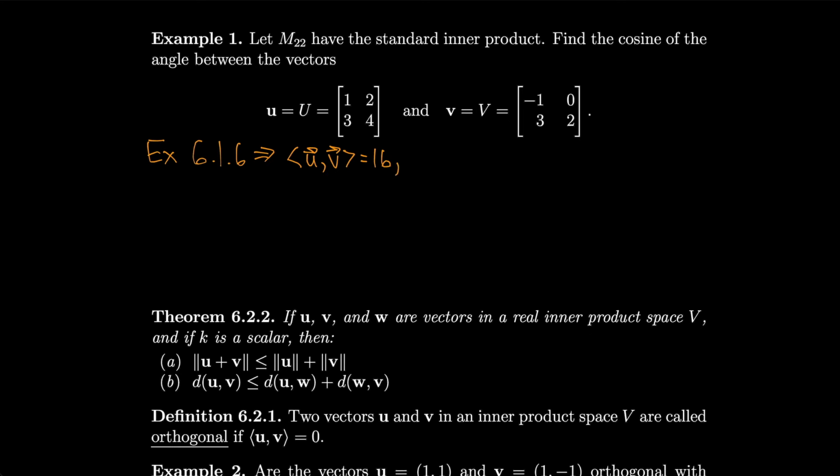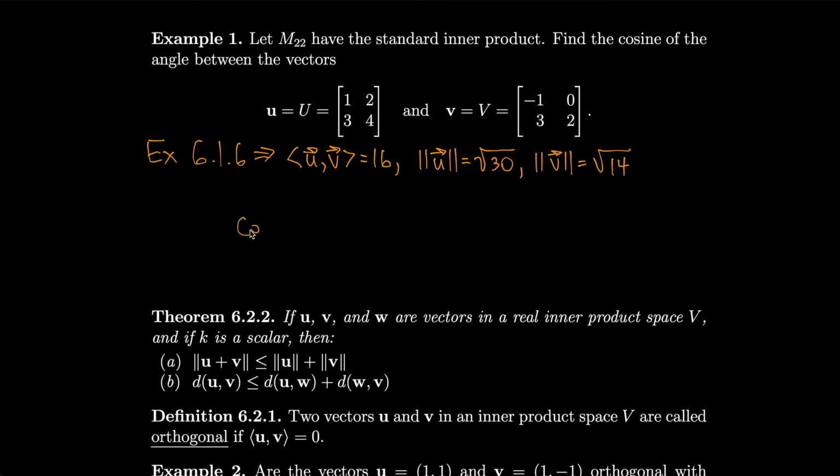corresponding entries. So then if I want the length of u, using that same inner product, it's the square root of 30, just the square root of the inner product of u with itself. So basically just square each entry, add it up, take the square root. We get that the length of v would have to be square root of 14.